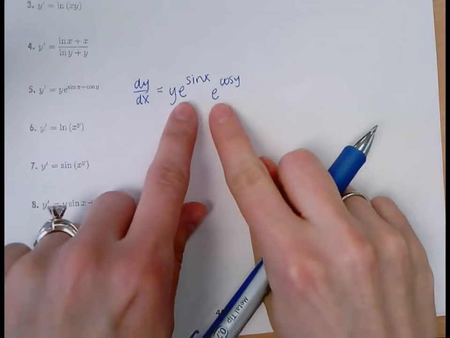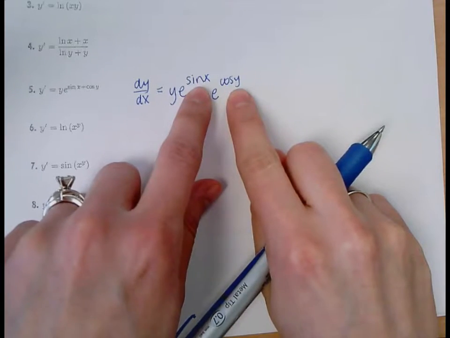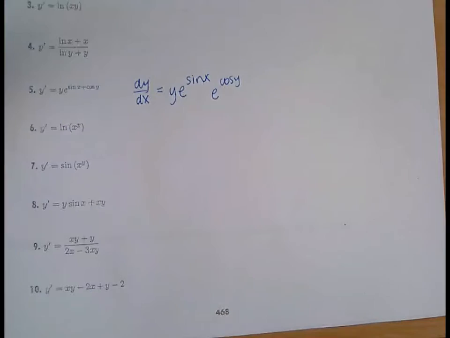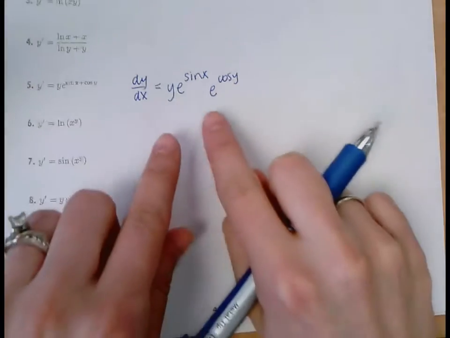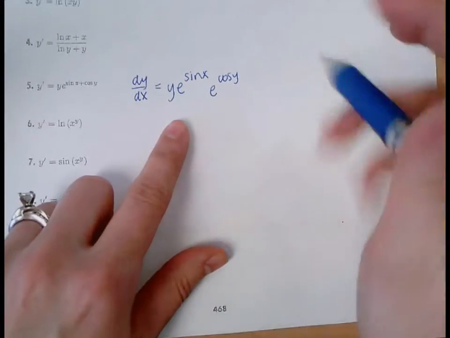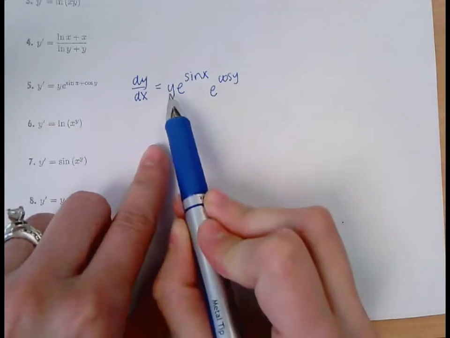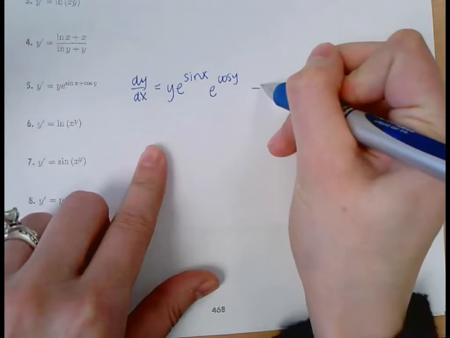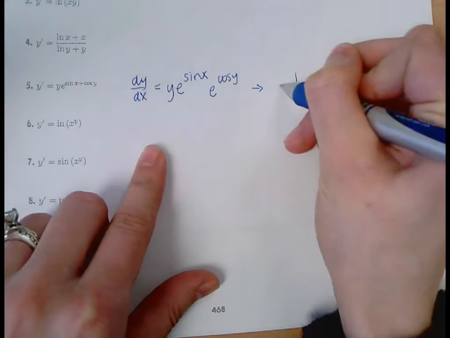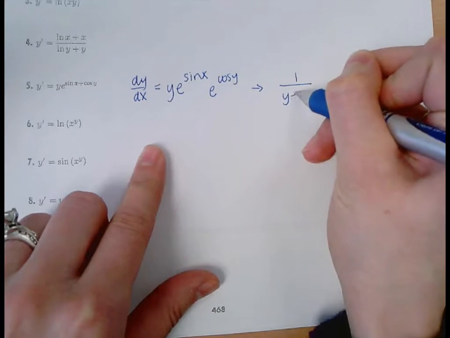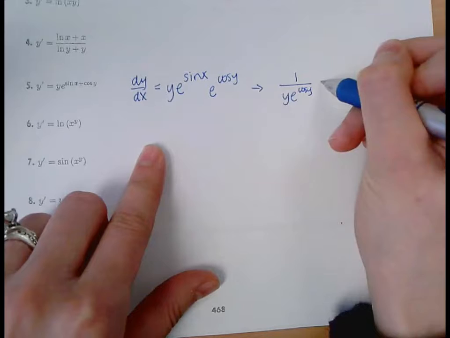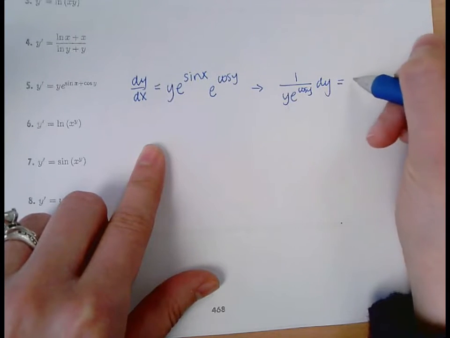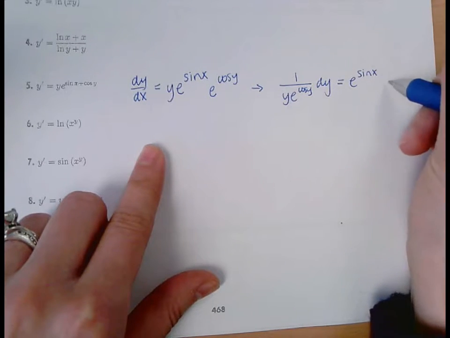Because when I multiply these together, that allows me to add their exponents. So it's kind of doing the reverse of what you would normally do in algebra. But then because this is all multiplied, I could divide by the y and e to the cosine of y. So I would have 1 over y e to the cosine of y dy equals e to the sine of x dx.